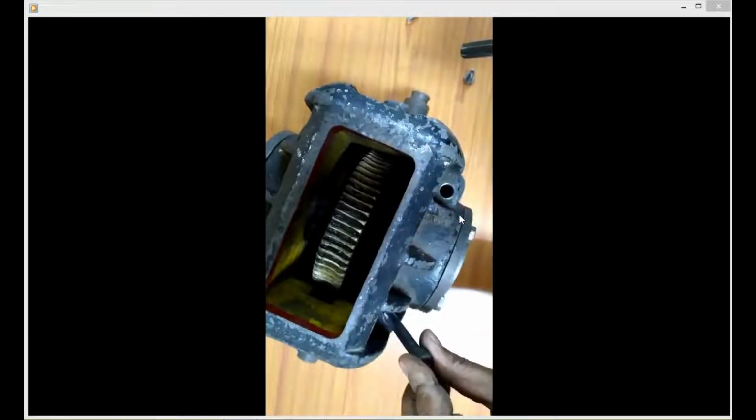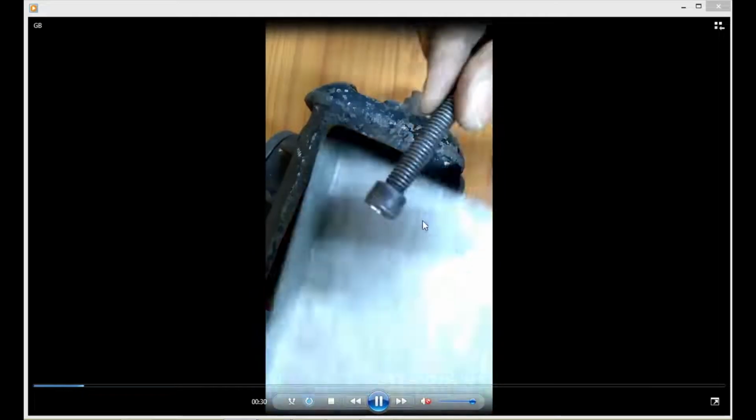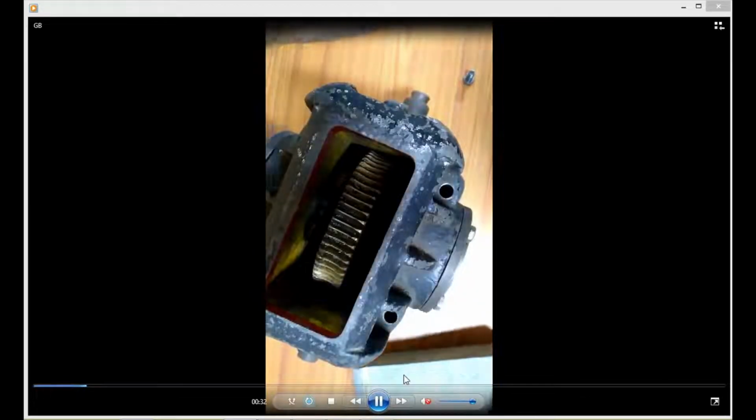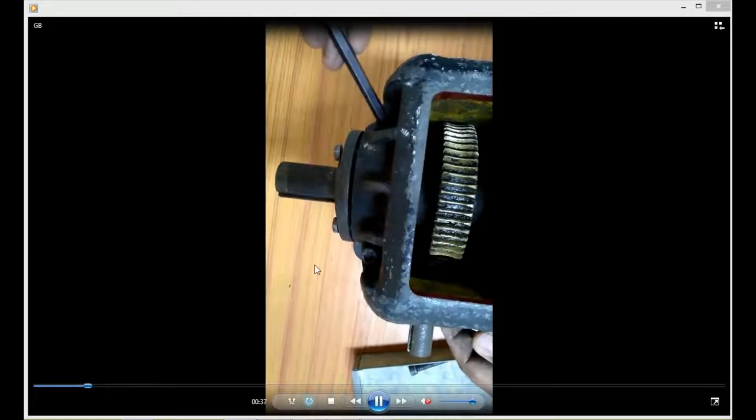So for the sequence, you can put each and every part in a different tray like this. It's the best practice to remove the parts and keep them in that series. Again 2 Allen bolts are present on the other side. You can remove these bolts by using the Allen key and put them in the tray again. So a proper sequence is present for disassembly.